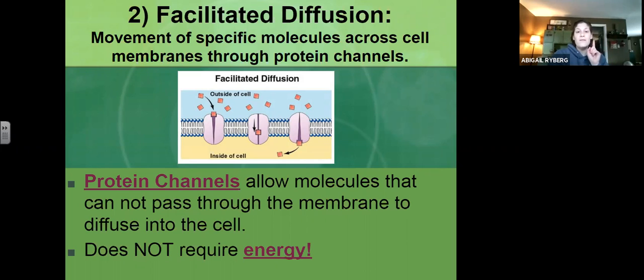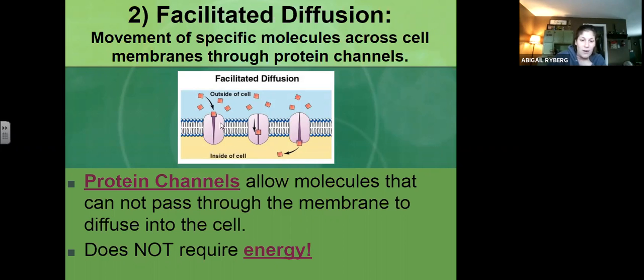If you look at the image here, the phospholipid bilayer is the little blue looking molecules right here. And then plopped down among them are these big old purple protein channels. This is representing facilitated diffusion of the red squares.